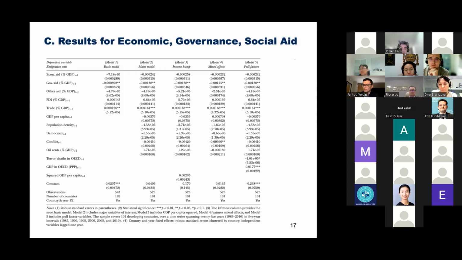So if there is a pattern of low-income countries excluded from your analysis, then are you actually omitting the most important part that would affect your results?